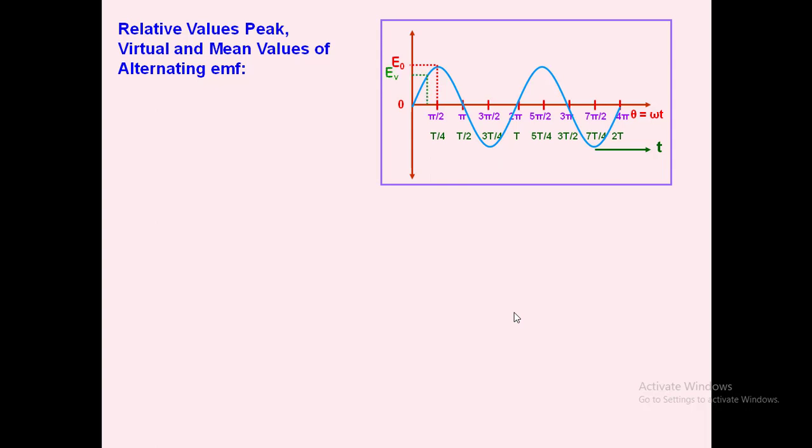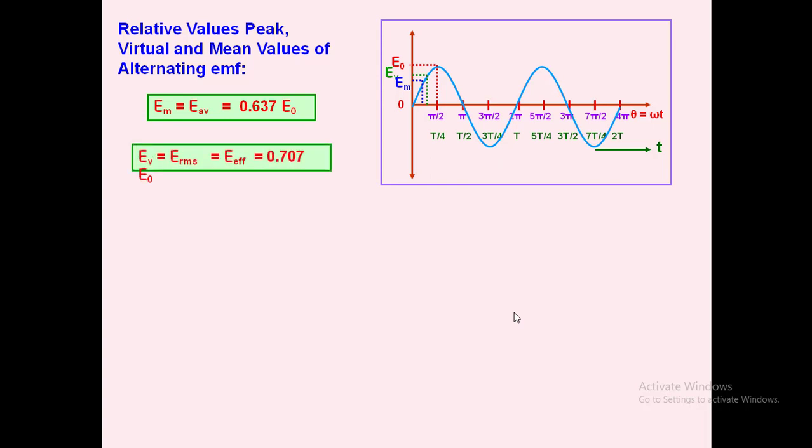Now EV, that green line, represents the virtual value or RMS value. EM represents the mean value or average value. So EM equal to E average equal to 0.637 E naught, but E RMS value equal to 0.707 E naught.